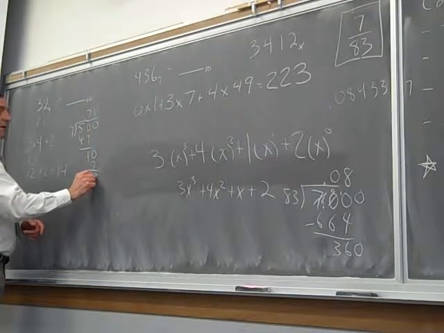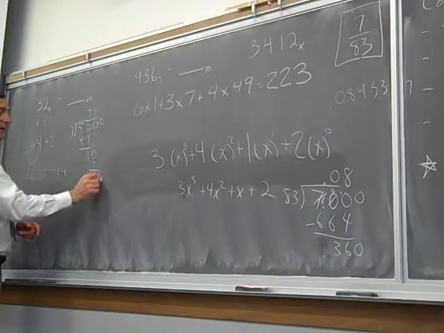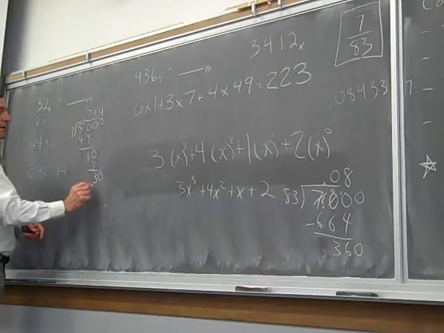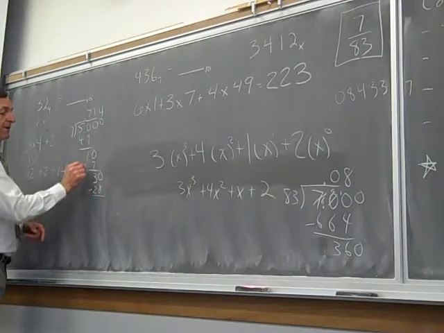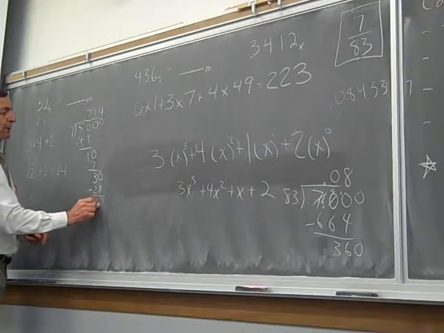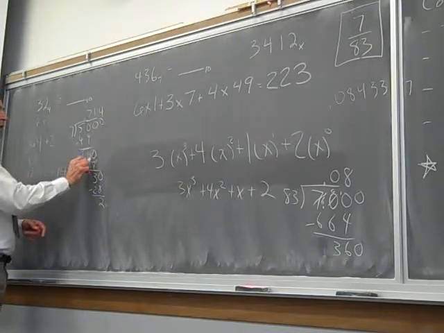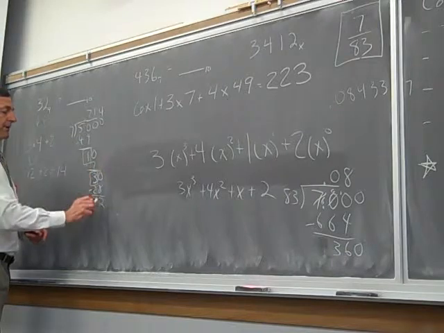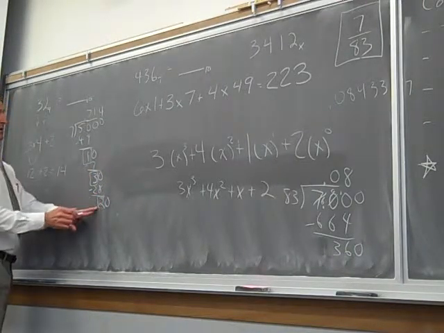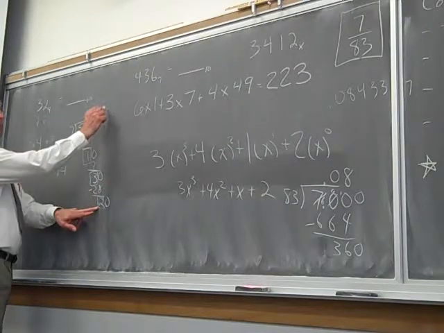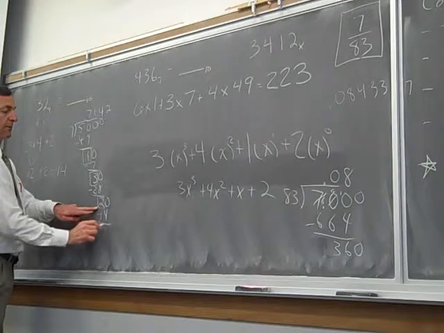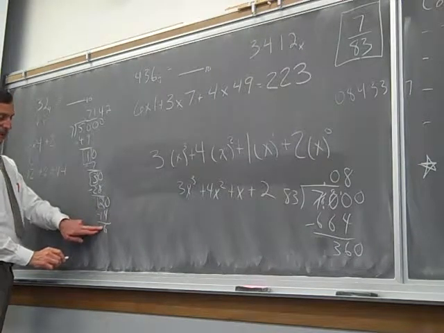Remainder of 3. Bring that 0 down, goes into there 4 times. 28, remainder of 2. So I had a remainder of 1, a remainder of 3, now I've got a remainder of 2. 7 goes into 20 twice. 14, remainder of 6.